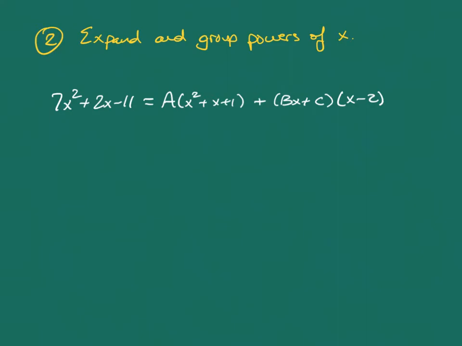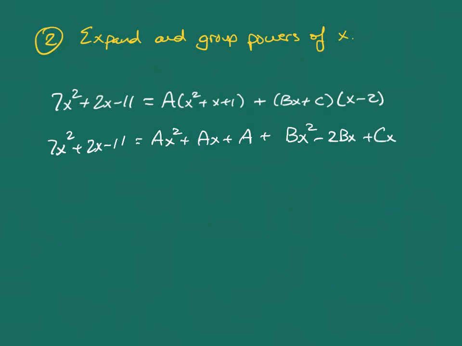Over here on the left-hand side, nothing much happens. We've got our 7x squared plus 2x minus 11. But then over on the right-hand side, we've got ax squared plus ax plus a. And then if we expand on the other side, we've got bx squared minus 2bx plus cx minus 2c.